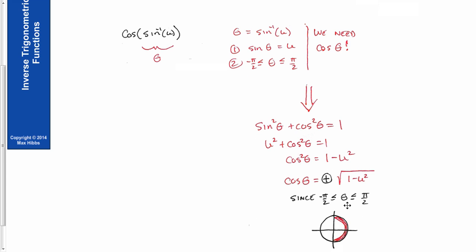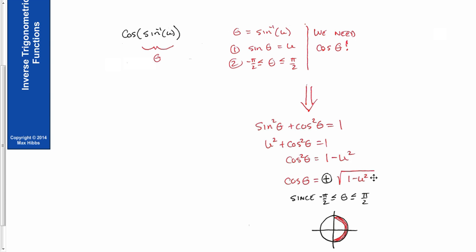Now, because theta is between negative pi over 2 and pi over 2, that's right here, okay? Theta is between negative pi over 2 and positive pi over 2, then the cosine of theta is going to have to be positive. So when I go from cosine squared theta, I know cosine of theta is positive square root of 1 minus u squared.